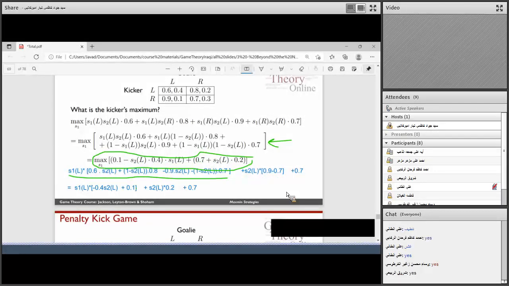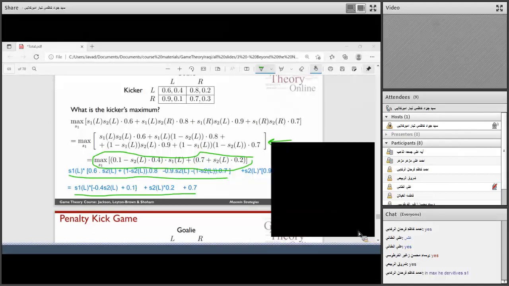Okay, so how are we going to maximize this with respect to S1? Any suggestions? This is a function of S1 of L, S2 of L, and we're supposed to maximize this with respect to S1 of L. In max, he derives with respect to S1. So Ahmed is trying to say we should take the derivative of this function with respect to S1 of L. That's good.